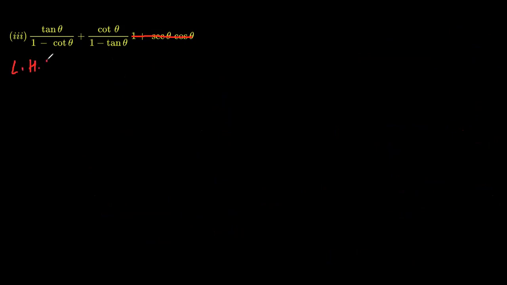Left hand side, tan theta, and the things that we have to prove is in terms of sec and cosec, it looks like. So it would make sense to change everything into sine and cos. So left hand side, sine theta by what?